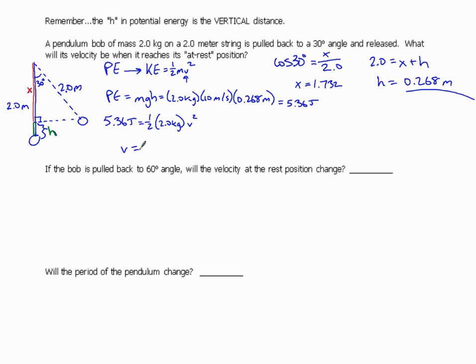So we solve for the velocity, and just a quick note, you really don't need to do a whole lot of math here. This 2 and this 2 cancel, so you've got v squared equals 5.36. Square root of that, 2.32 meters per second. This is its velocity when it reaches that at-rest position.